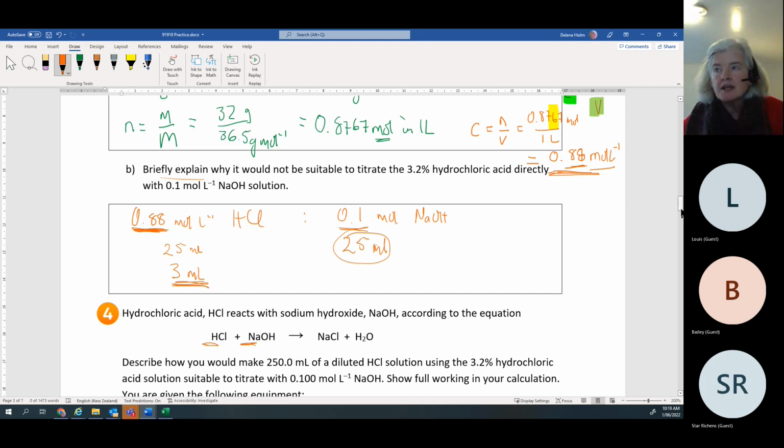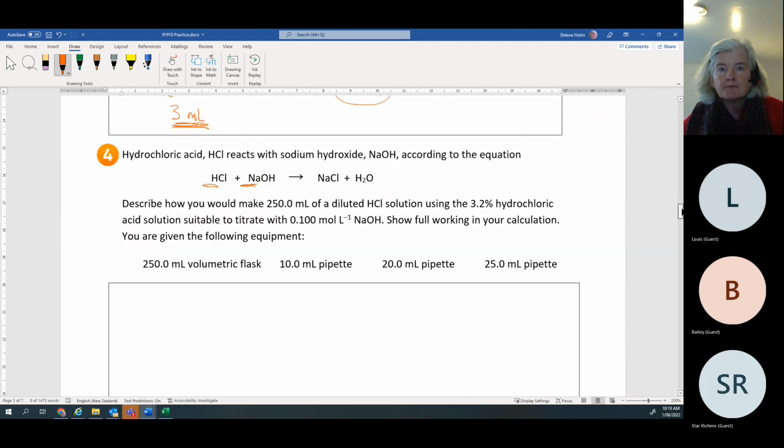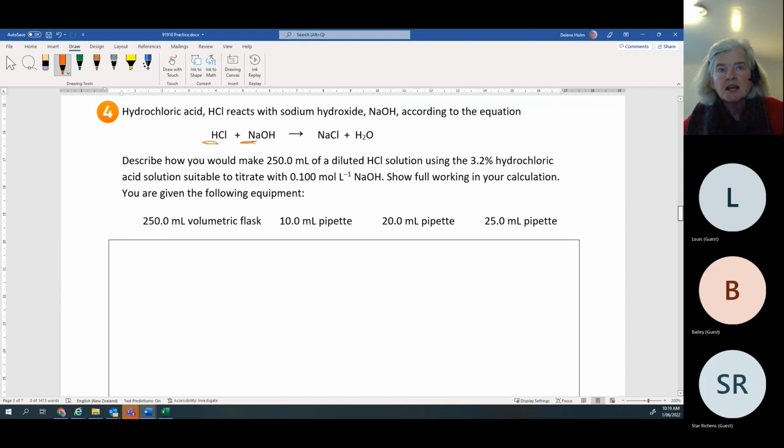Okay, now we get to this part, and you'll get exactly the same thing again in the second part when you come to the lab. It's basically when you say, okay, how much must I dilute it by? So here we are doing it theoretically. In the lab, you're going to do it practically.